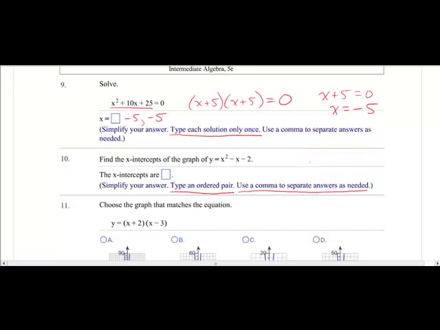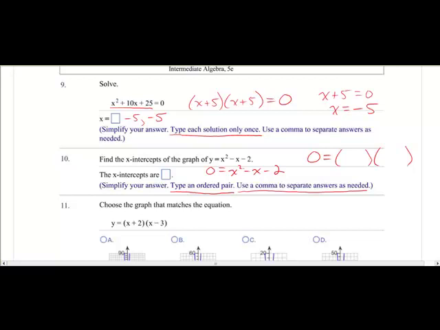Okay, so, let me get rid of this, I need the space. If we're finding the x-intercepts, all we're doing is we'll set y equal to 0. We want to know, where does this thing cross the x-axis? The x-axis is where y equals 0. Now this right side is easily factorable. Again, this is a simple trinomial to factor. Several of you also got your signs backwards on this one, so you have to be careful. We need numbers that multiply to negative 2. Well, we've only got one option. It's 1 and 2.